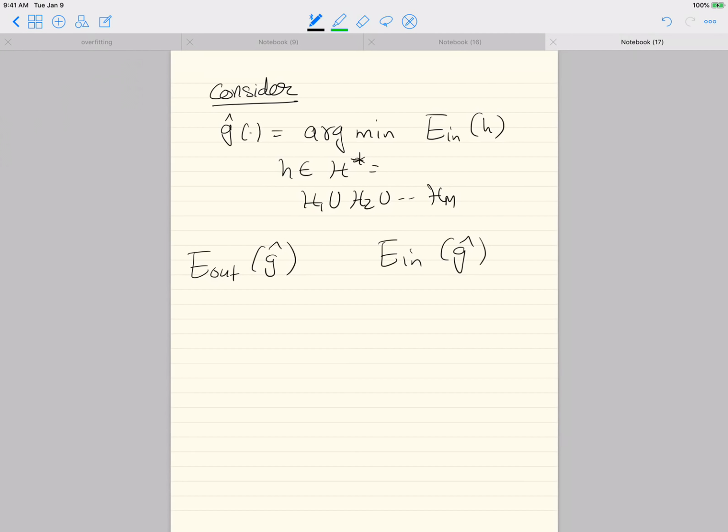Now can we give a relationship between the output test error for this and the training error here? How do we relate the two? We want to say that the test error is less than this plus some penalty term. So any idea what the penalty term will be, or what it will depend on?